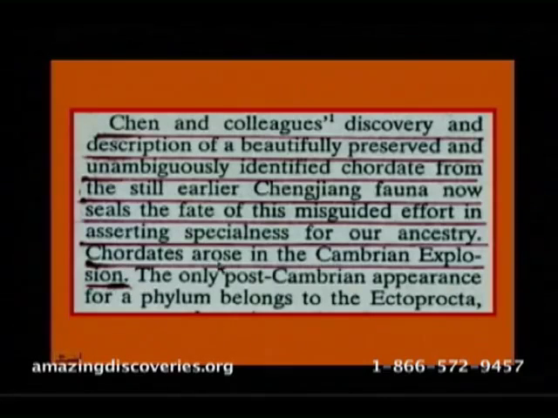Chordates arose in the Cambrian explosion. Oops. What does that mean? This means that every phylum, every group, including the one that we belong to, was there from the beginning. This is a major problem.